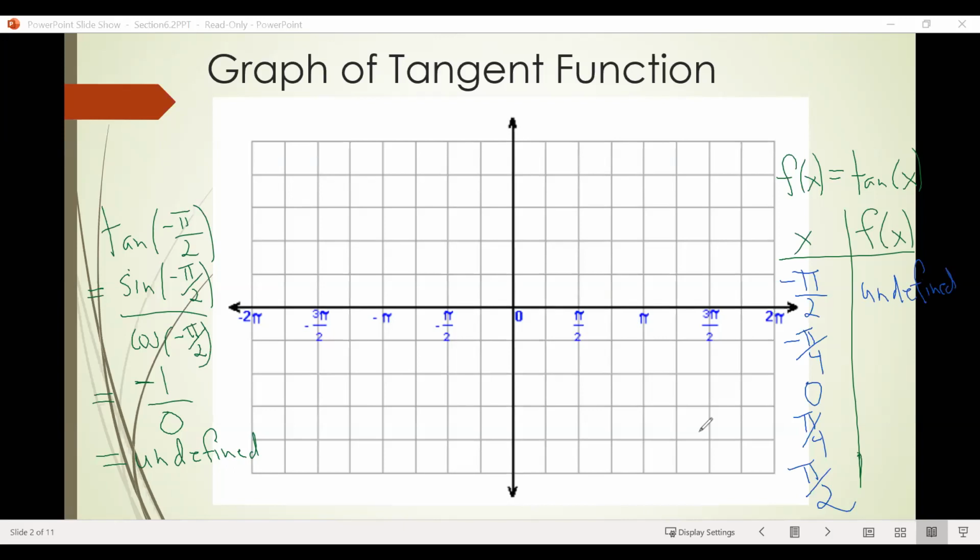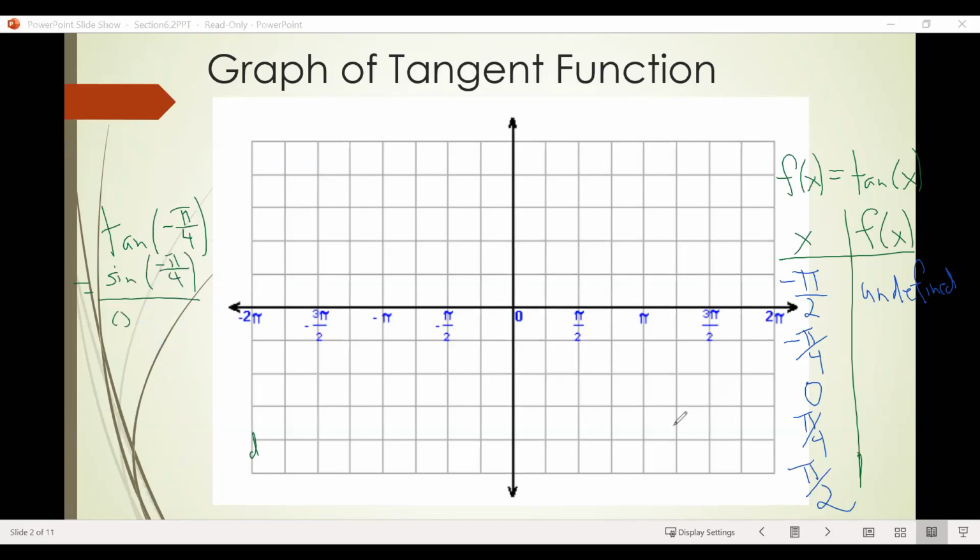All right, so let's do negative pi over 4 now. We'll again use our identity that tangent is equal to sine over cosine.